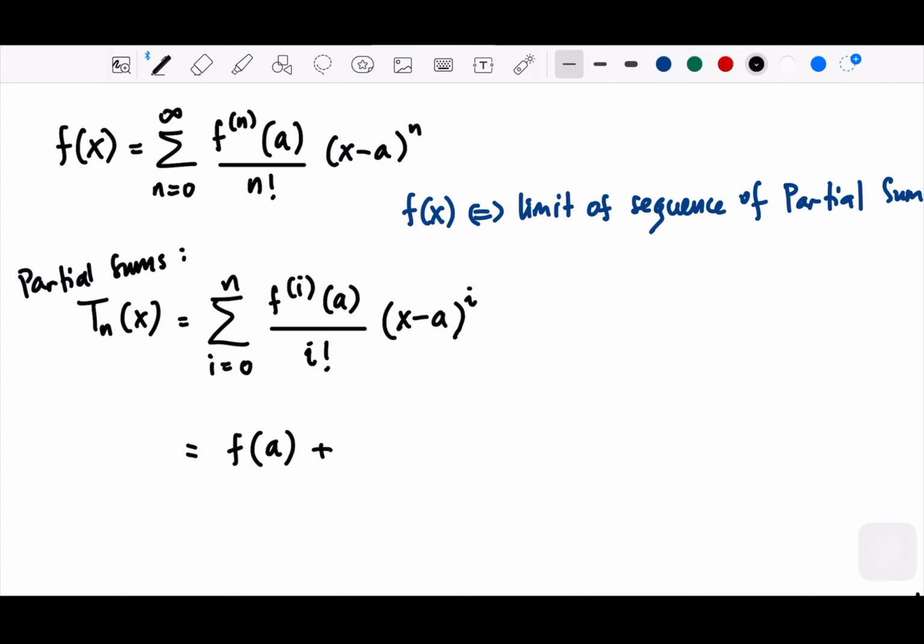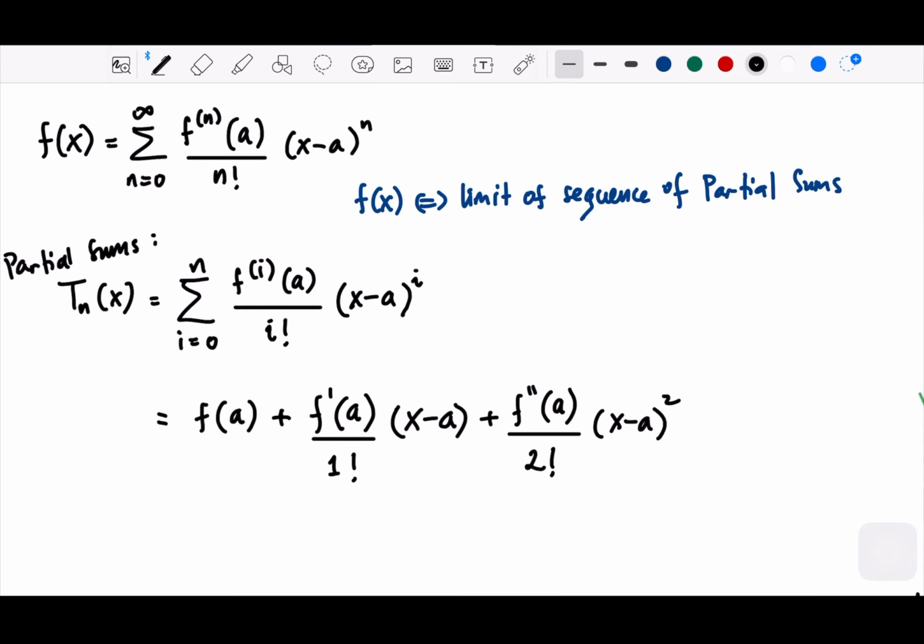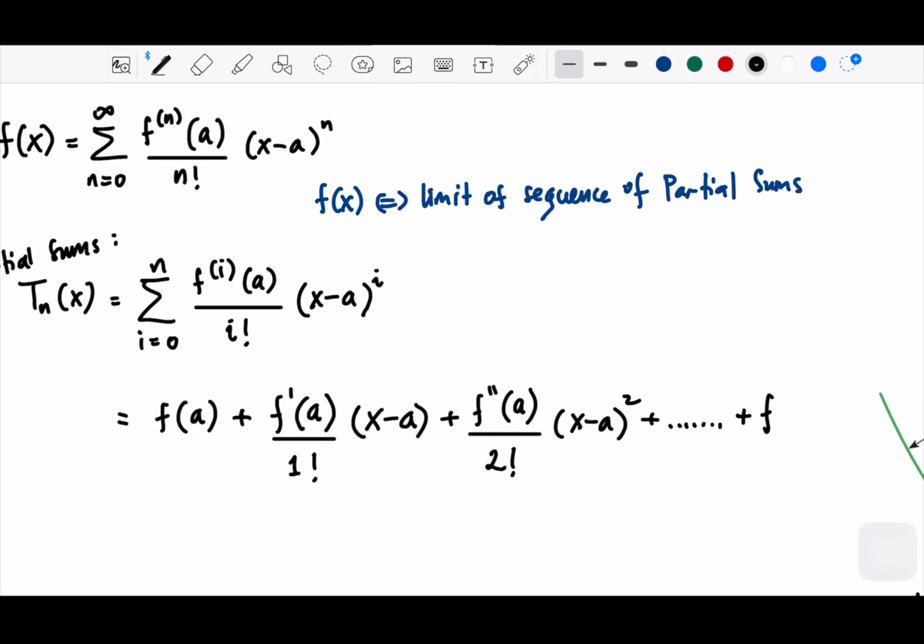And then plus, let's derive f prime a, and then this is 1 factorial, and then x minus a, and then plus the second derivative, and since it's until n, let's just make dot dot dot until the f^(n).